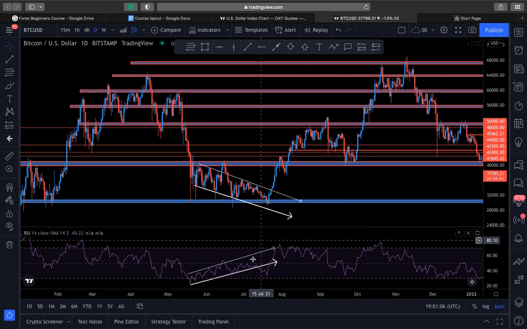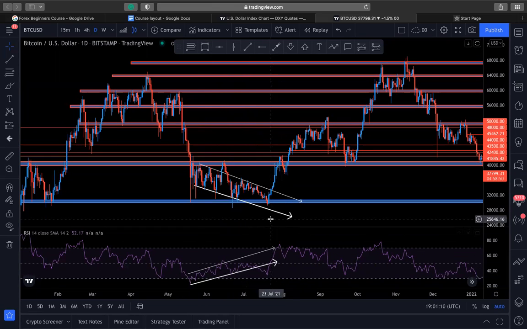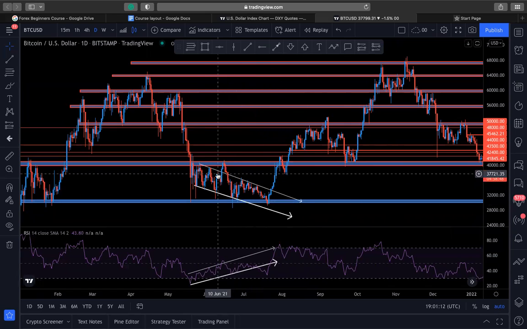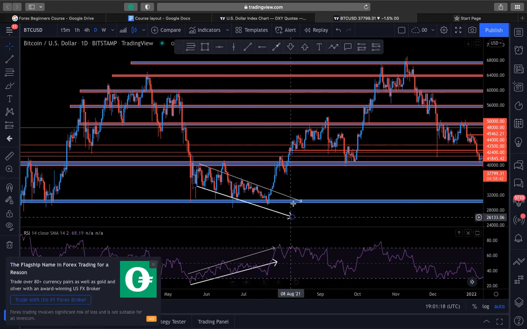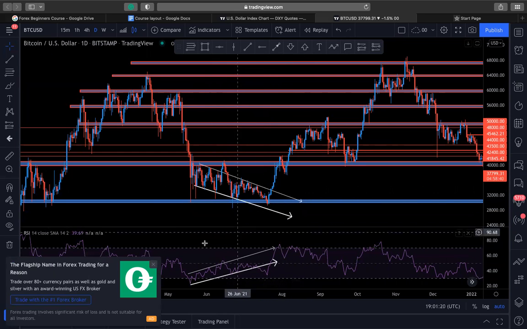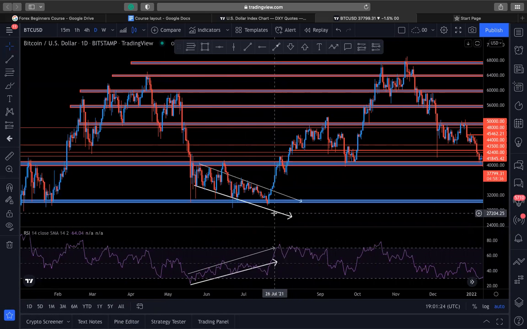But this is an example of divergence here where we have our indicator moving upwards, and then our underlying price is moving downwards, causing the divergence. So we see the difference in where these are moving. Typically, when you see divergence happen, you will see a large break one side or another.